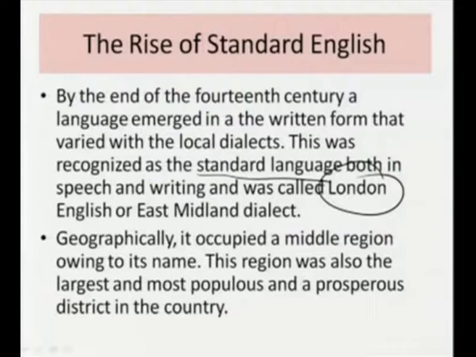It is very important. The rise for the first time really, even though there may have been a sporadic emergence of a dialect that was going to become more or less a standard dialect. It is in this time that we find the rise of standard English.